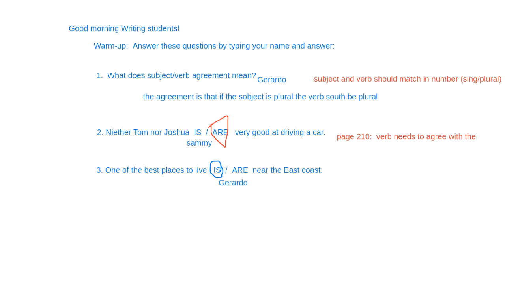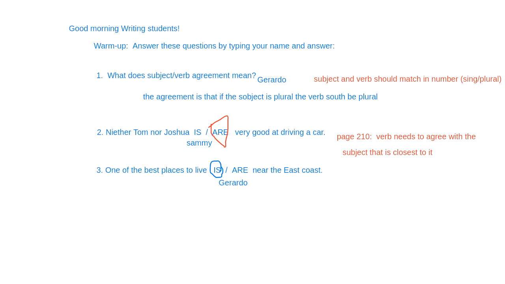Okay, so you thought of it as Tom and Joshua, right? Yes. Okay, I want you to look at page 210, kind of the middle of the page. Do you see where it says nor and or? Yes. Nor and or, page 210.